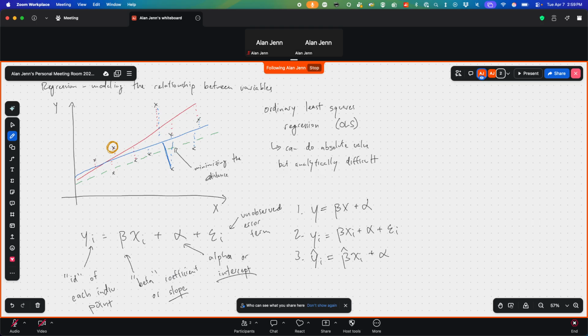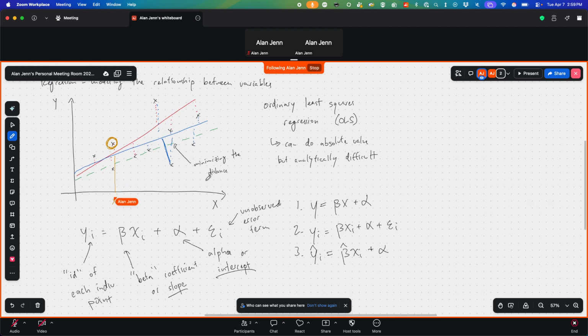So let's suppose we're going with the blue line. Let's say this is my xi value, and I'm trying to determine how that relates to my yi value, right?